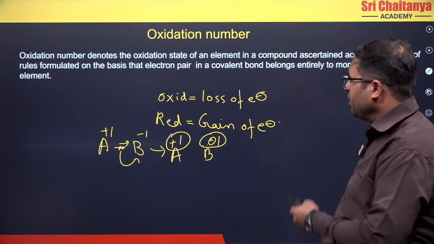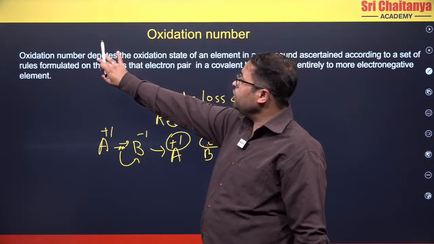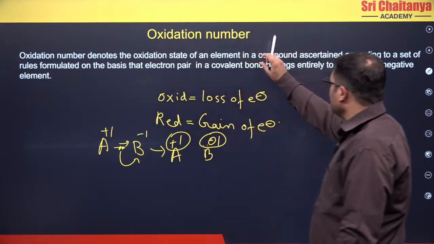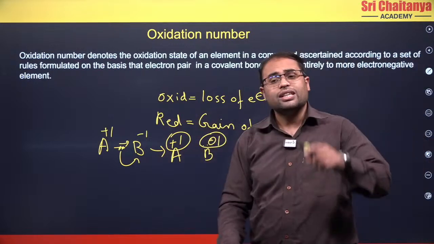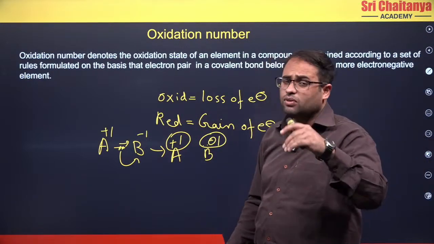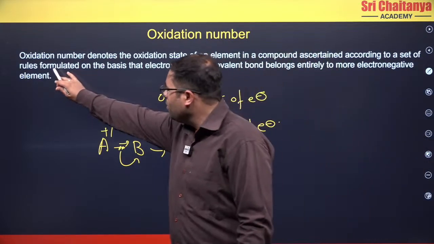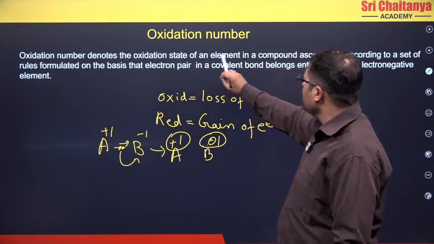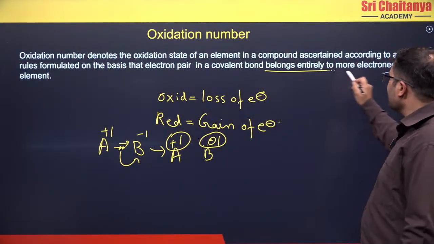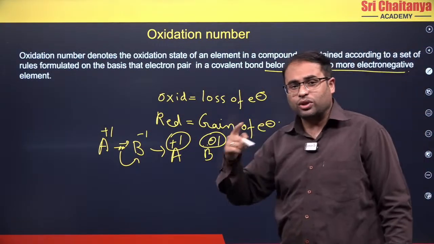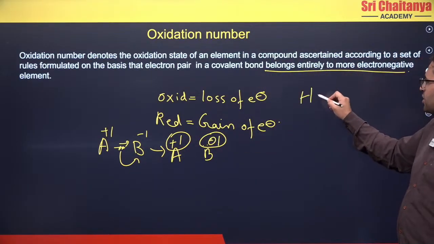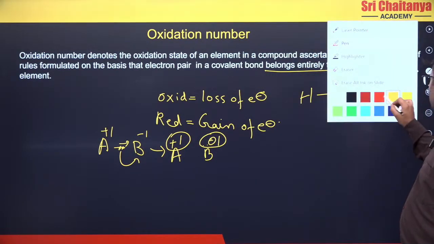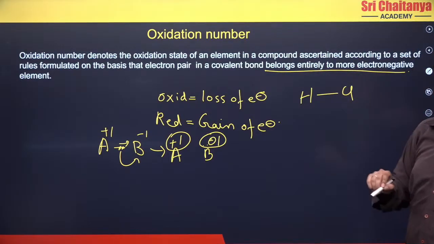So now let's get to the definition. Oxidation number denotes the oxidation state of an element in a compound ascertained according to a set of rules. Set of rules? Yes, we will discuss those set of rules. Formulated on the basis that electron pair in a covalent bond belongs entirely to the more electronegative element. So this is shifted. Let us take an example. You have HCl, right? So chlorine is more electronegative.